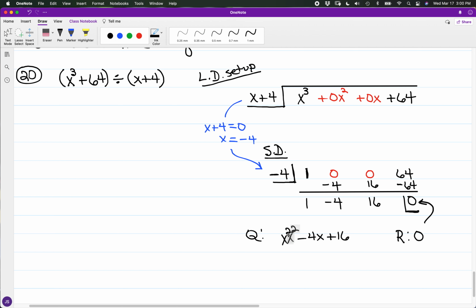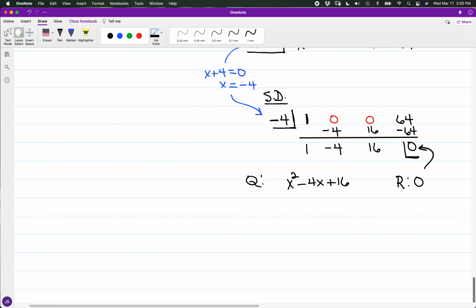Now, in the case of number 24, we now have the divisor at x minus 2.